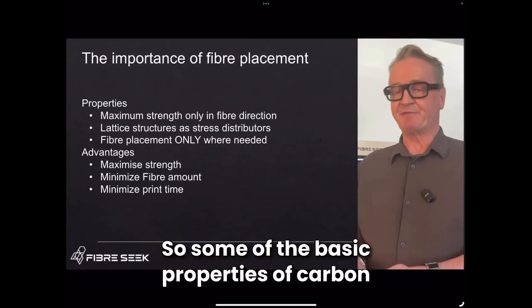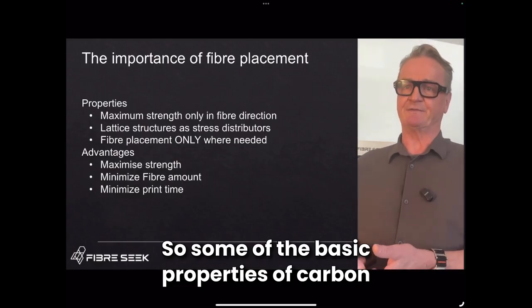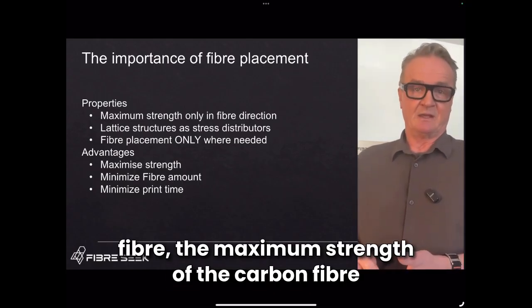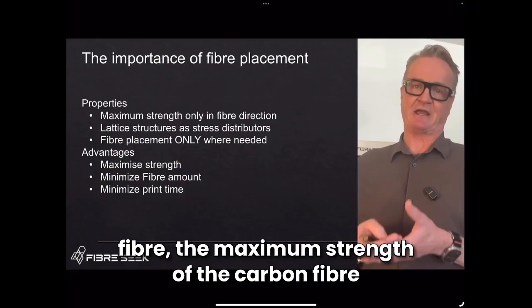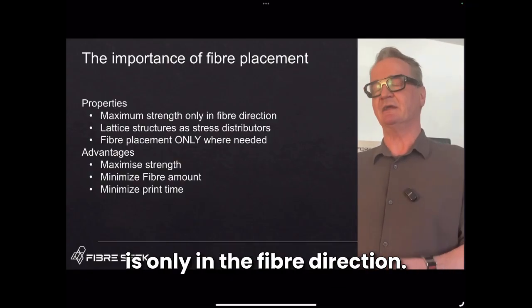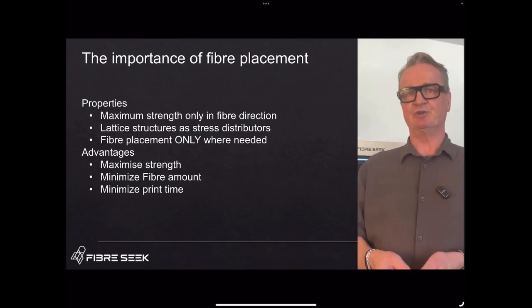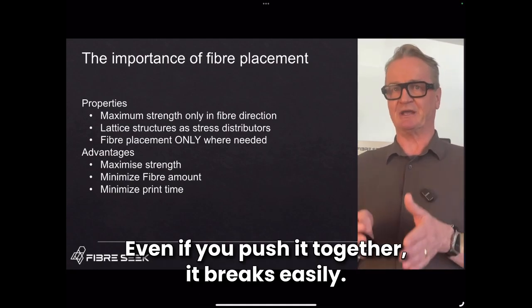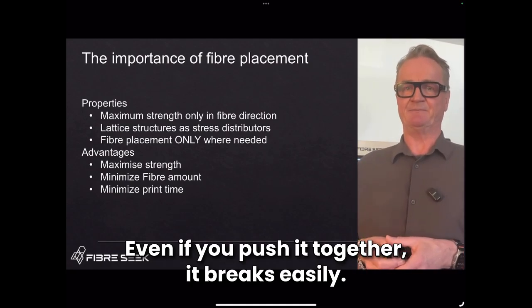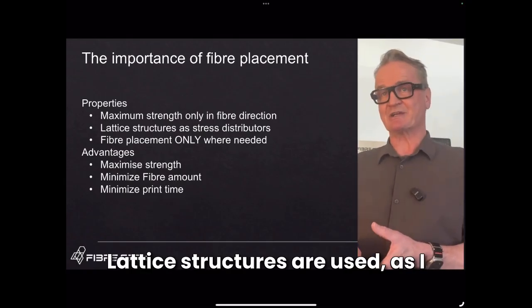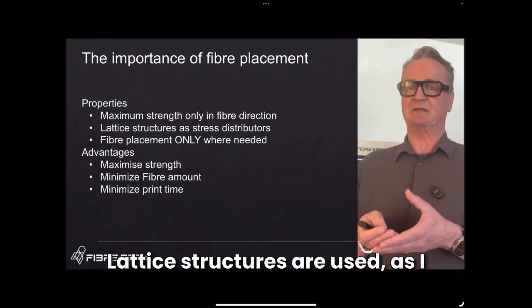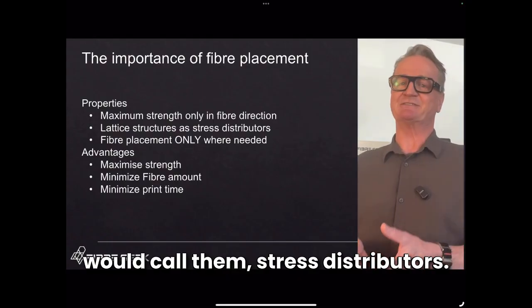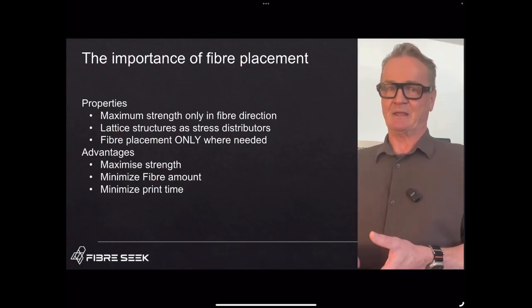So some of the basic properties of carbon fiber. The maximum strength of the carbon fiber is only in the fiber direction. You may easily break it, even if you push it together, it breaks easily. Lattice structures are used as, I would call them, stress distributors.